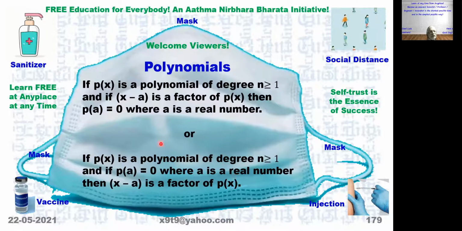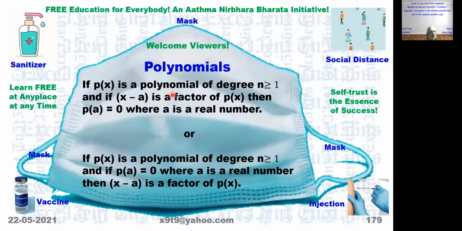So we can write the factor theorem as: if P(x) is a polynomial of degree n greater than or equal to 1, and if x minus a is a factor of P(x), then P(a) will be 0, where a is a real number.